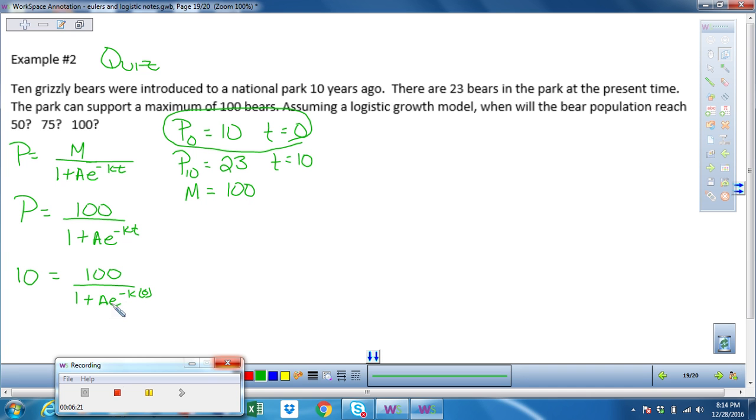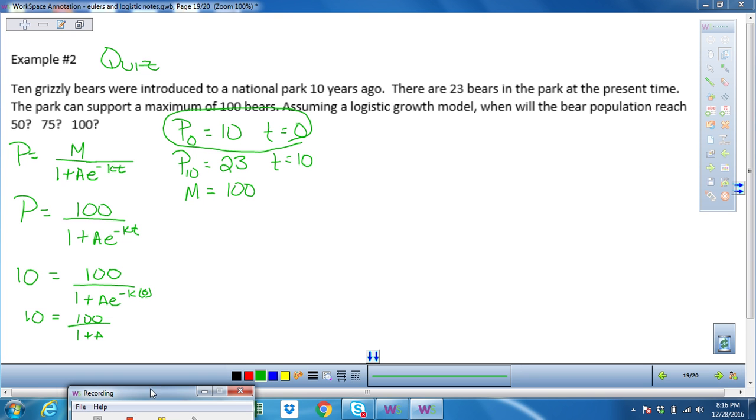So anything raised to the 0 power is 1, so I end up with 10 is equal to 100 over 1 plus A. I mean, e raised to the 0 power is 1, and I just have A here. And right now, this is just algebra, so I'm going to do this quickly. I get 1 plus A is equal to 100 over 10. Therefore, A is equal to 9. Okay?